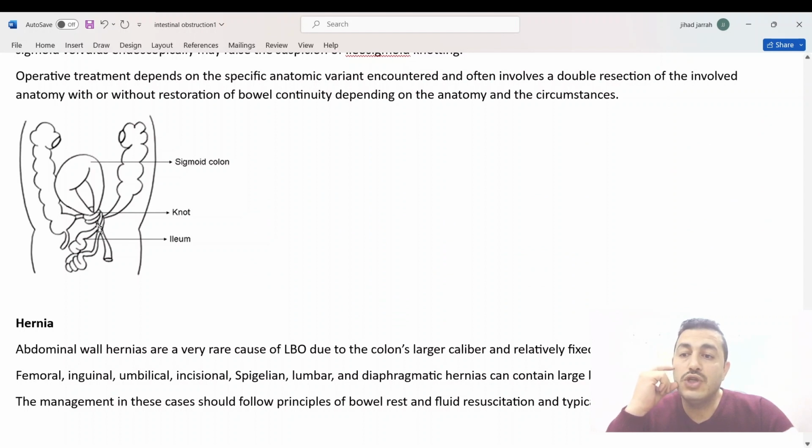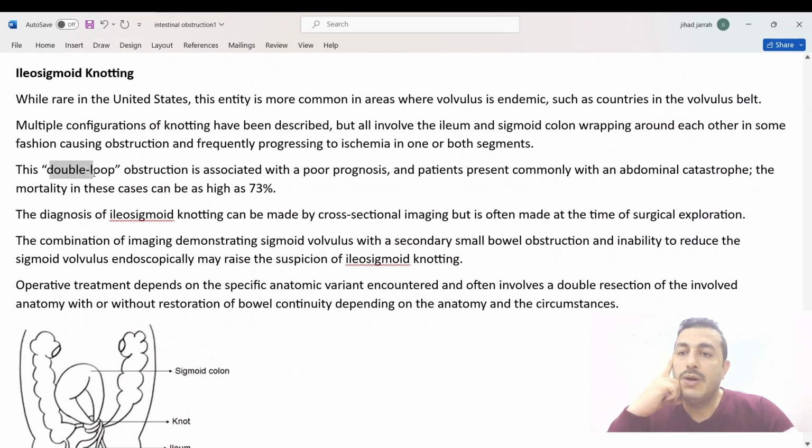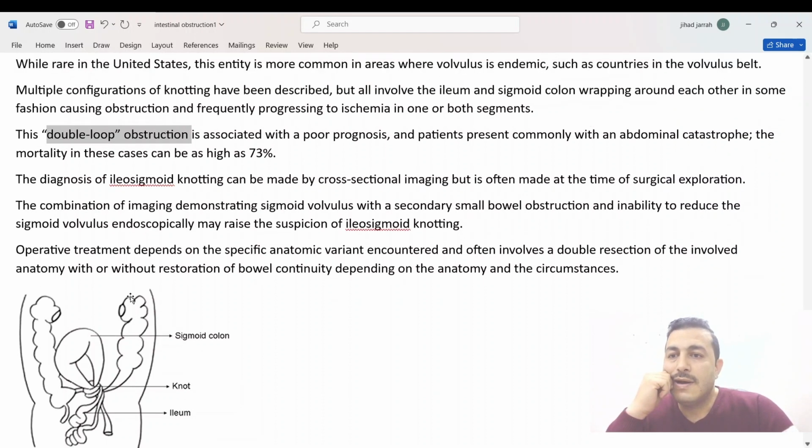So we have a pathology in the ileum and a pathology in the sigmoid, or compromised ileum and compromised sigmoid, and they call it double loop obstruction. Sometimes it's catastrophic: it's diagnosed as volvulus, but we are unable to devolvulize it, and we have two parts of the intestine that are diseased.